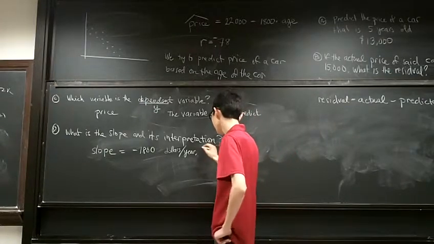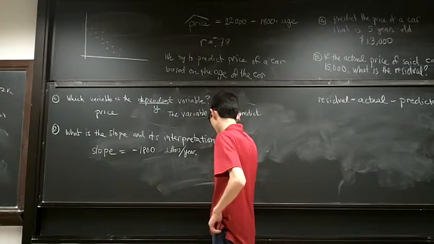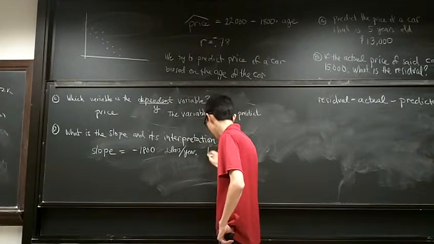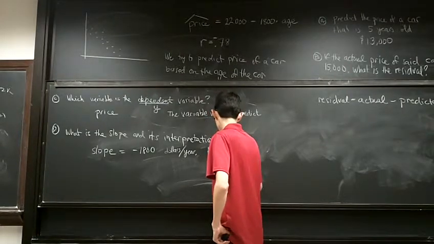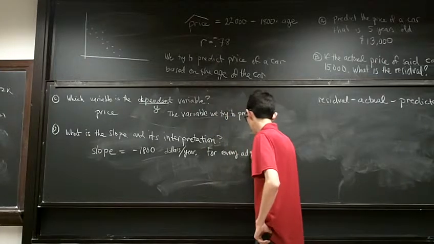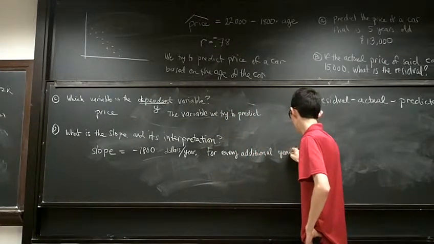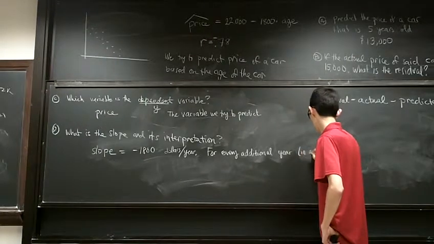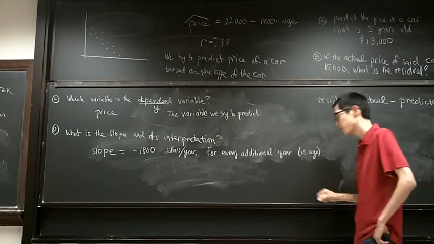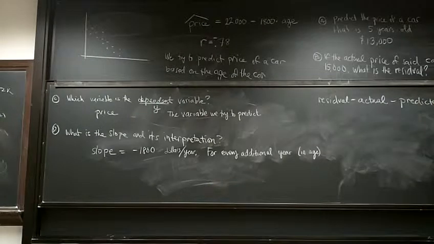I heard some of you say it, and then I heard other people say the wrong thing. So, it's for every additional year in the age. When we say year, age is automatically understood.